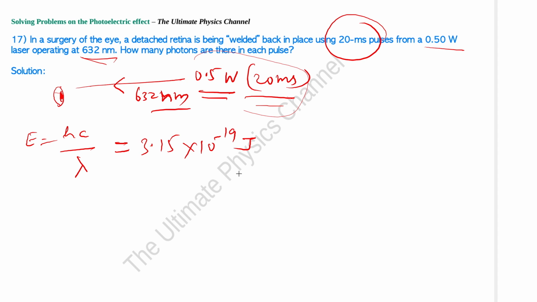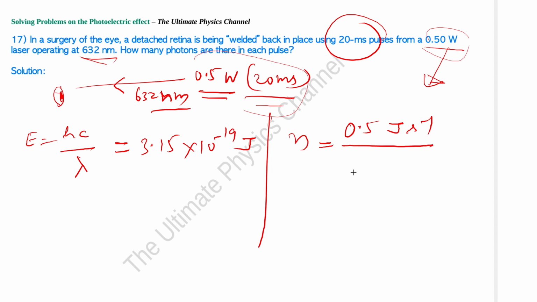And then, 0.5 joules per second, this power is watt here, so the number of photons is equal to 0.5 joule per second over the energy of each photon, that is 3.15 into 10 power minus 19.